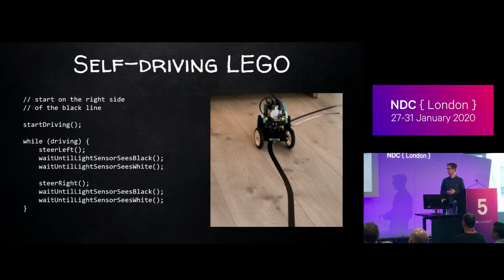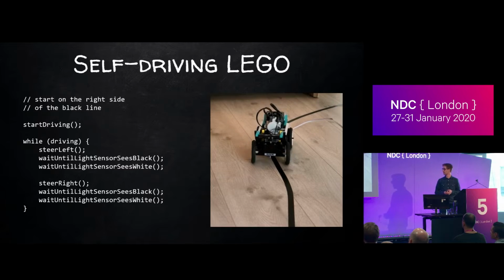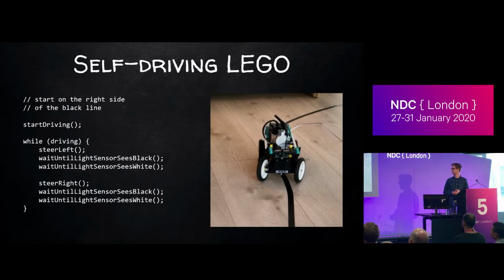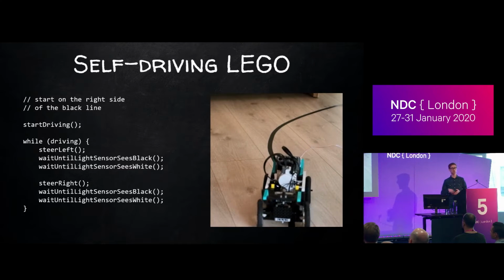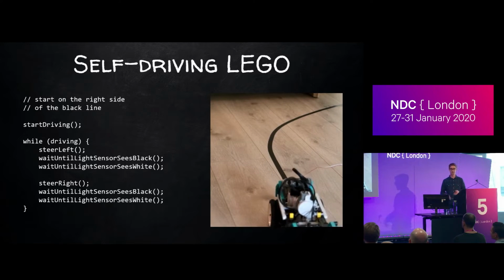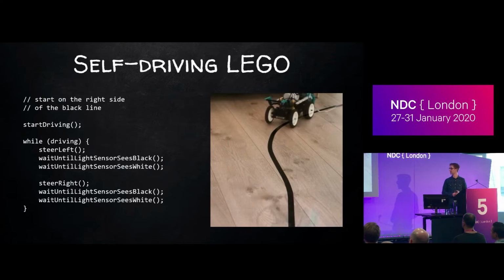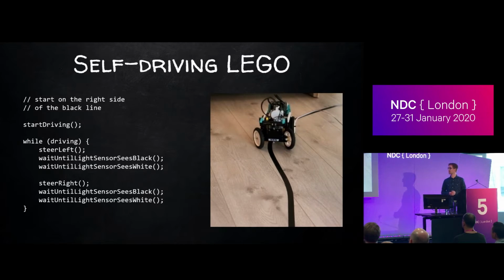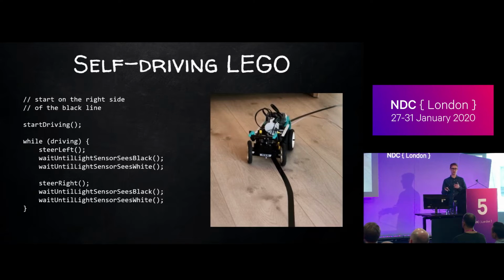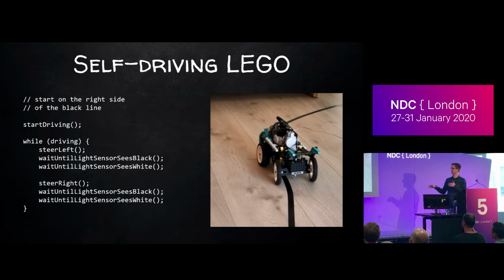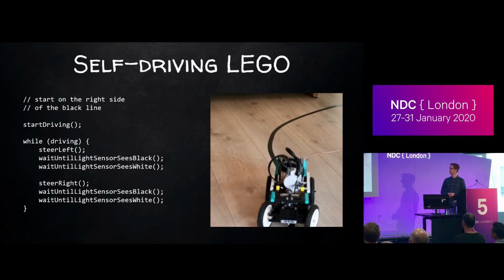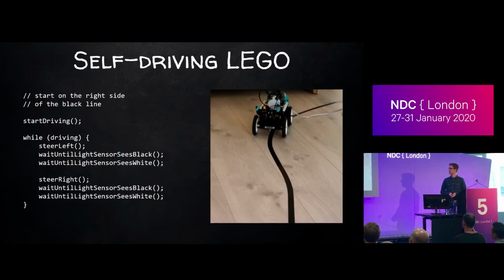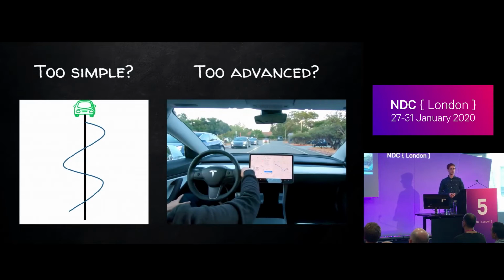We start on one side of the black tape. We steer left, wait a bit, steer right, wait a bit, steer left, and so on. And again, it is more or less working, but the car is driving in a very wiggly motion. And again, it doesn't really look like it's driving like a normal car. So this might be a bit too simple.